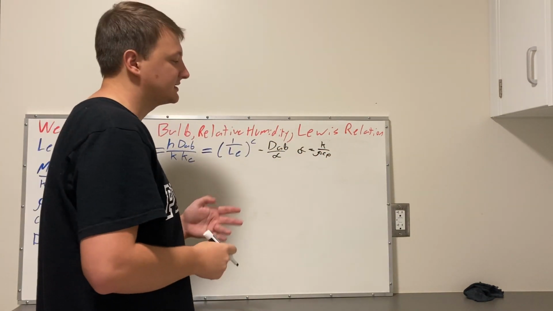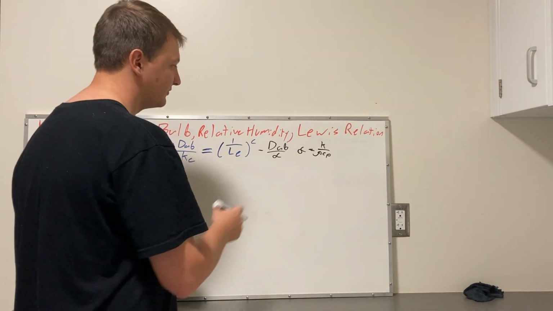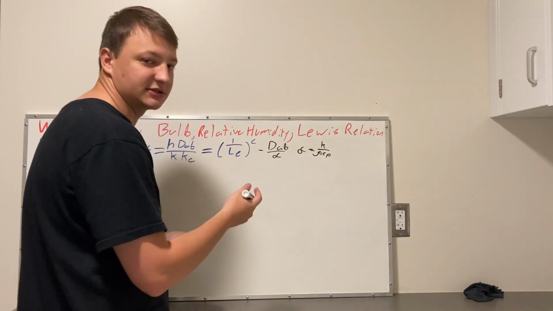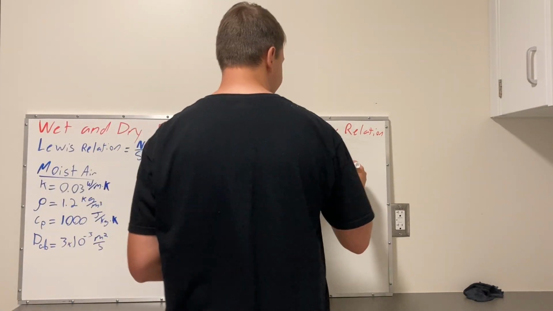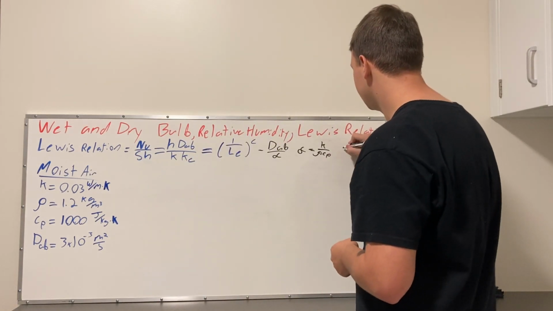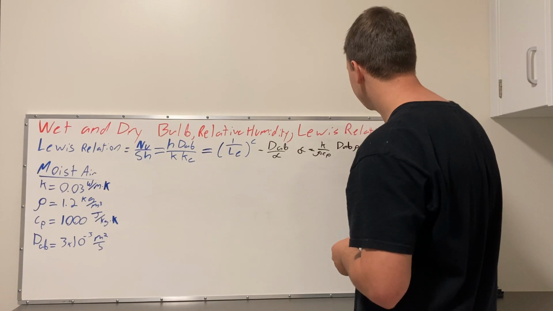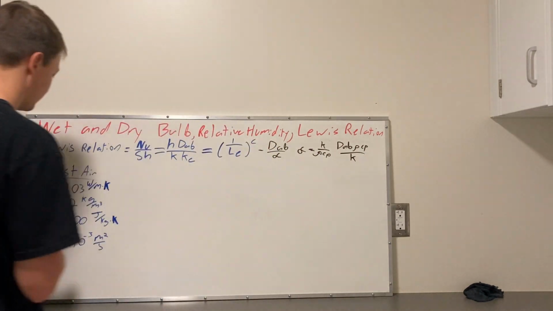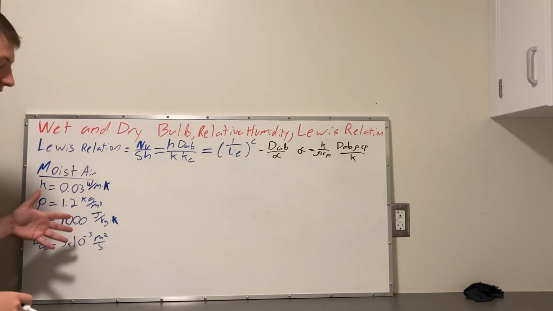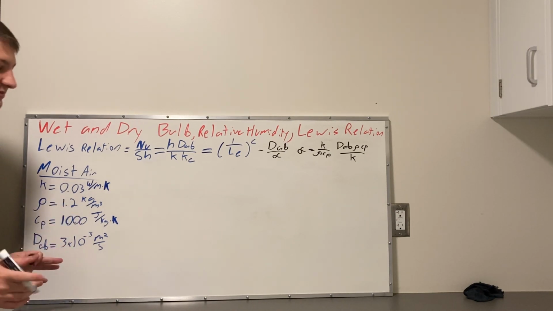Density times heat capacity is also the volumetric heat capacity. If you put that back in, you get the term for your Lewis relationship to be the mass diffusivity times your volumetric heat capacity over conductivity. If you use that term with the wet bulb or moist air numbers, you get an approximate value of 1.